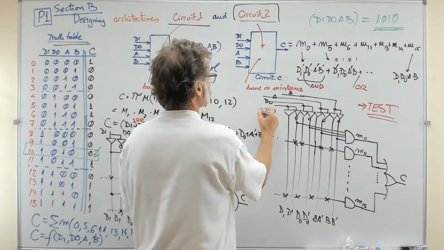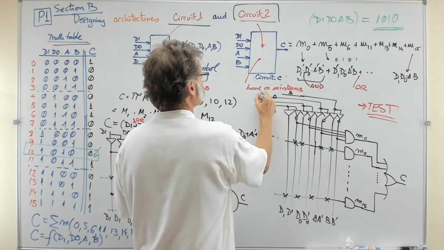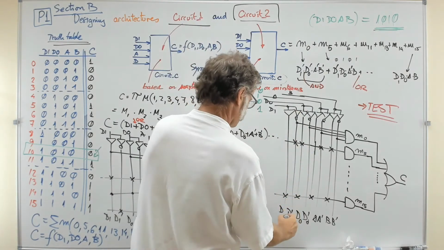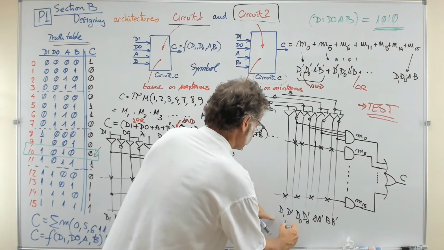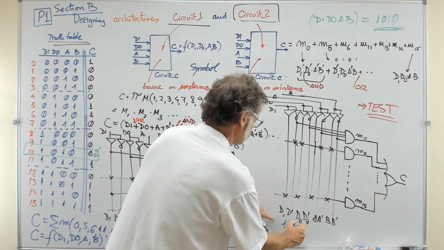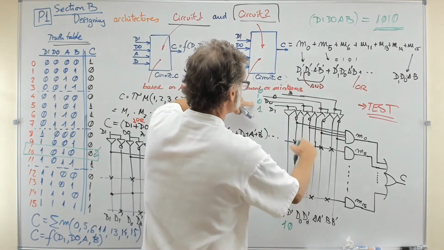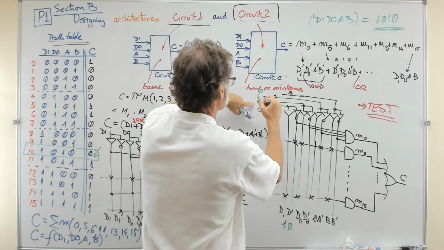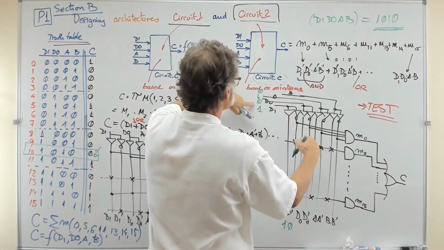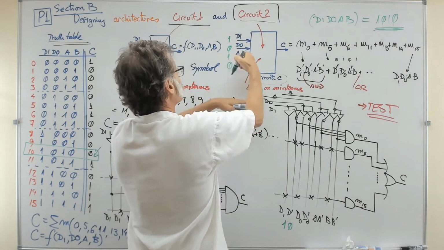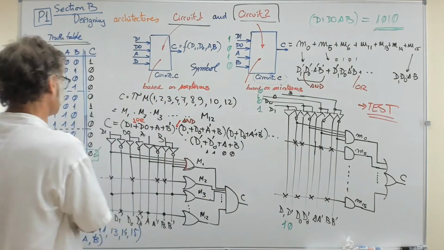This means that you are applying here a 1, a 0, a 1 and a 0. So a 1 in D1 is a 1 down here, and 1 not is a 0. Then you are applying a 0 connection at the input D0. You see, this is what you are doing now. 1, 0, 1, 0. Just a combination of the 16.